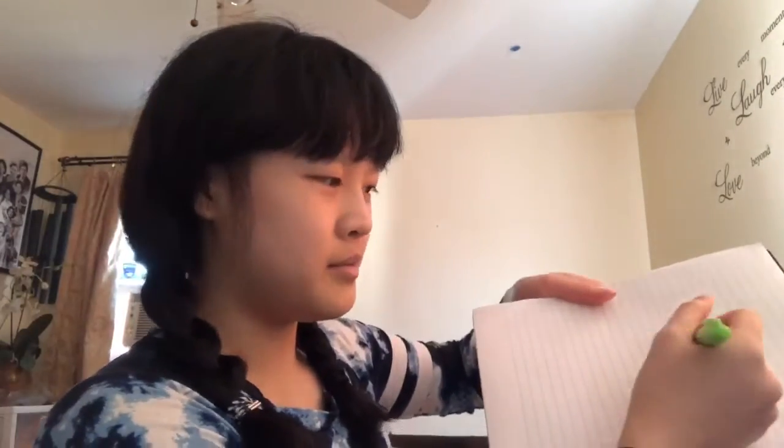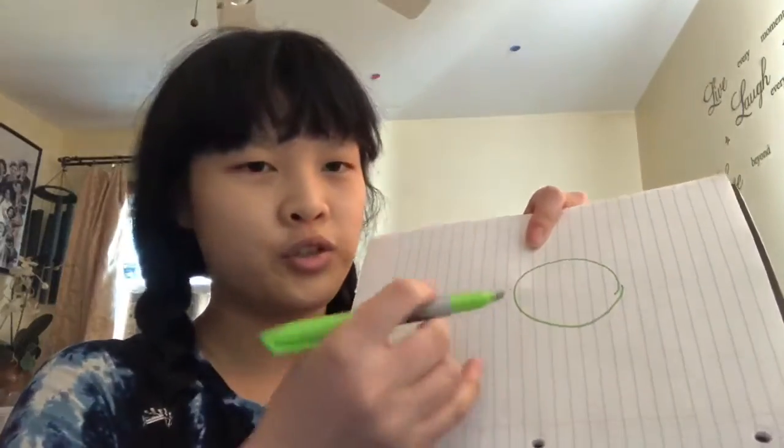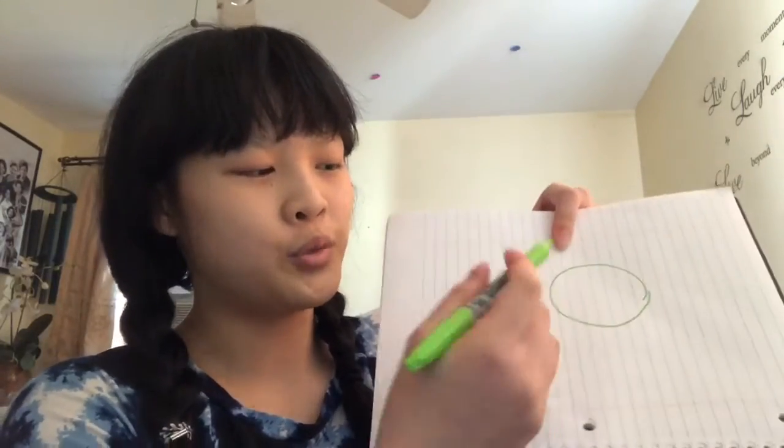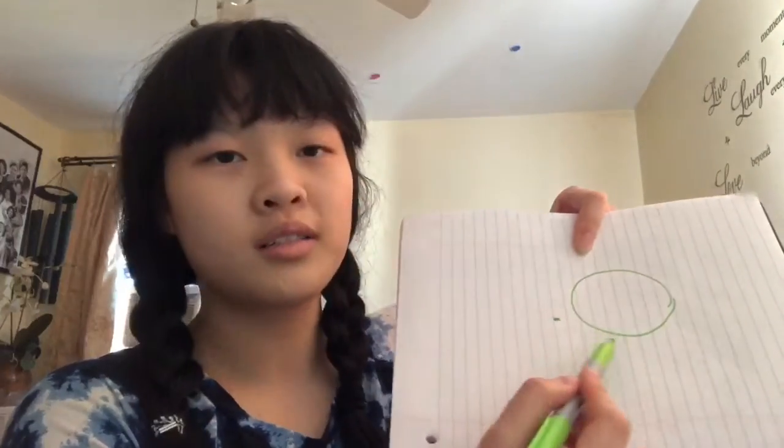If I were to draw, I have here a Sharpie. If there were to be an object in the two-dimensional world, like a circle, a two-dimensional person in that world would just be able to see, okay, so for the outside of the circle, they would just be able to see the walls of the circle, right? They can't see inside.